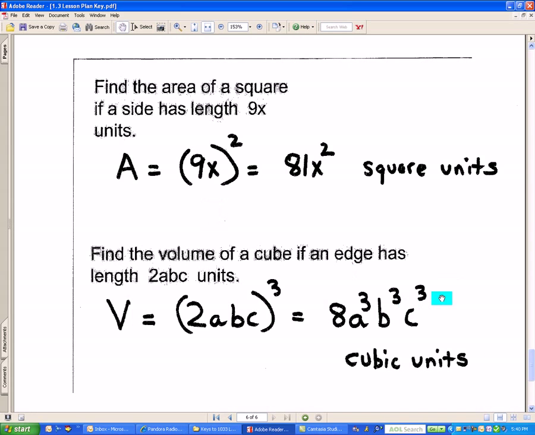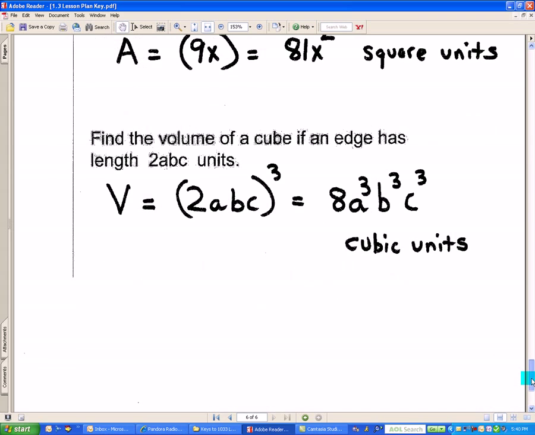On the next example, it asks us to find the volume of a cube if an edge of the cube has length 2ABC units. Okay, to find volume, remember, cubing something in math in general tells you to raise it to the third power. So that's a little clue here.